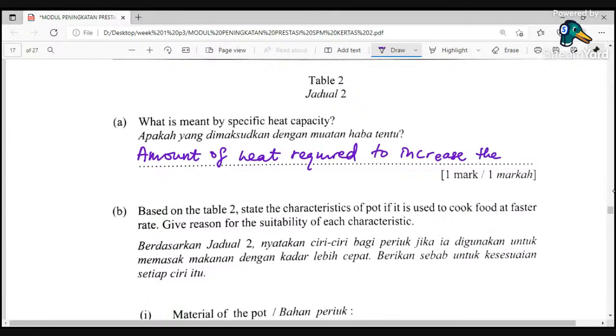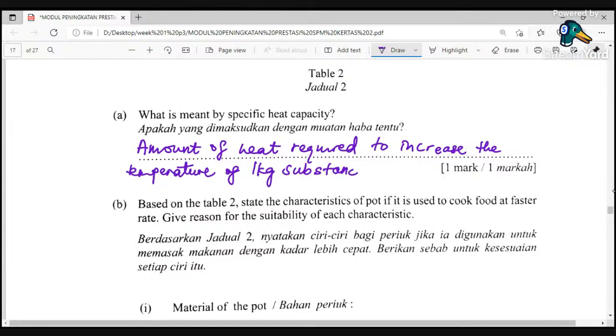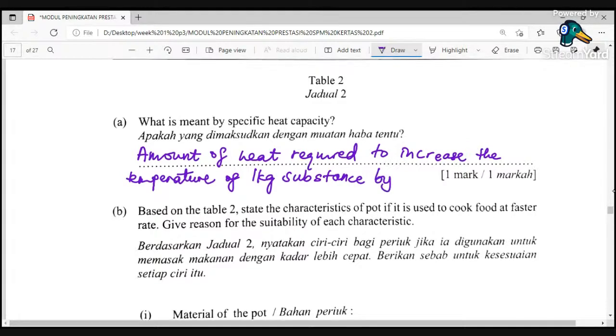The temperature of 1 kg substance by 1 degree Celsius. Jadi kena ada perkataan ini sebab specific. So kena ada 1 kg substance, 1 degree Celsius.